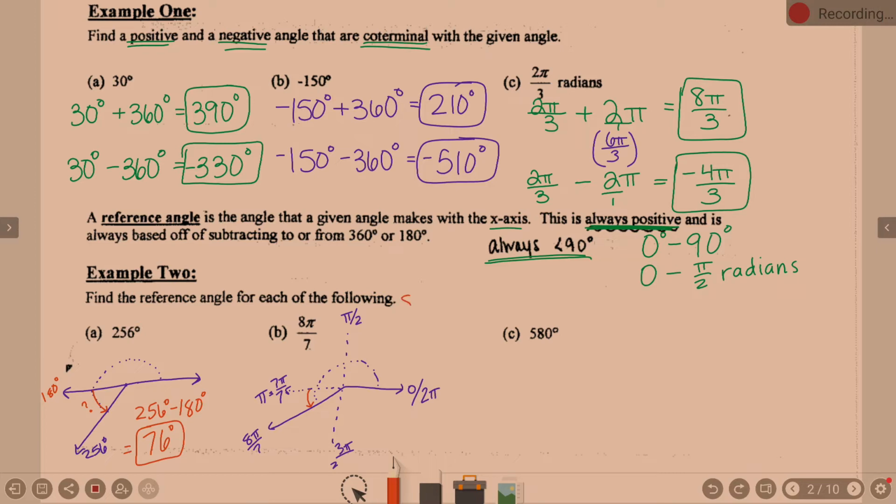We're going to have to take 8 pi over 7 and subtract off pi, which would be the same as saying 8 pi over 7 minus 7 pi over 7. And what is 8 pi over 7 minus 7 pi over 7? 1 pi over 7, or in other words, pi over 7.